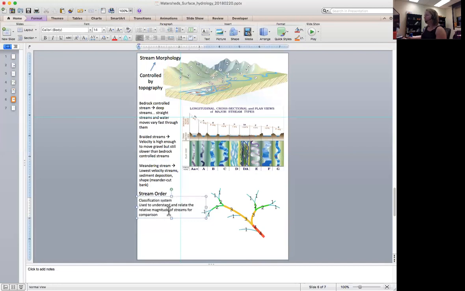It's derived from the Horton-Strahler number. So you can go ahead and Google that and take a look at what it is for a mathematical tree.